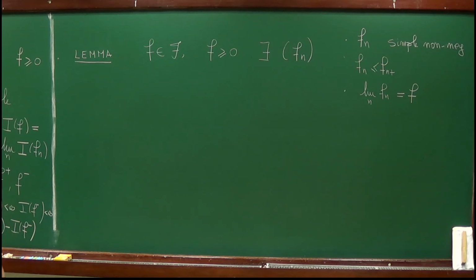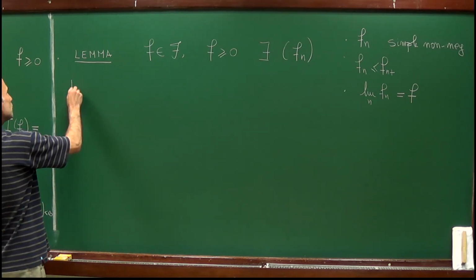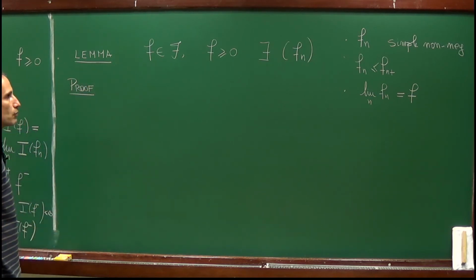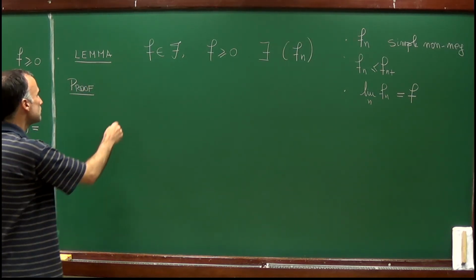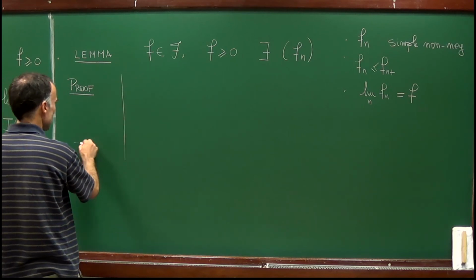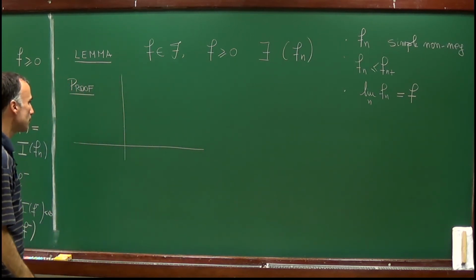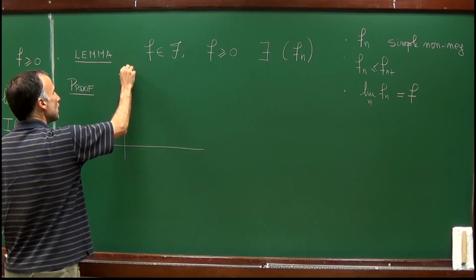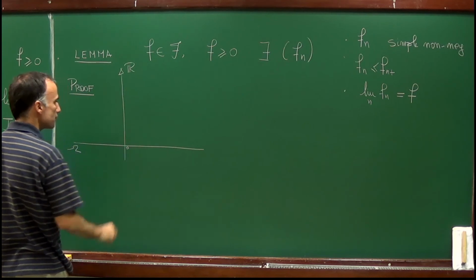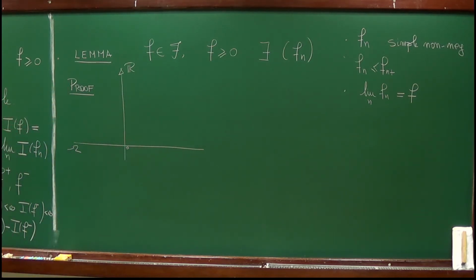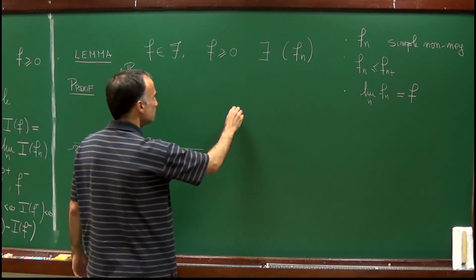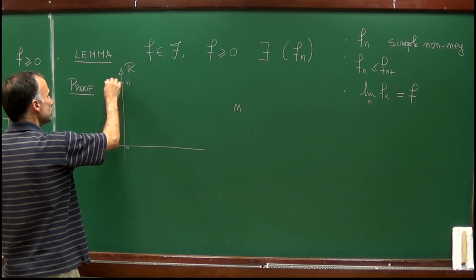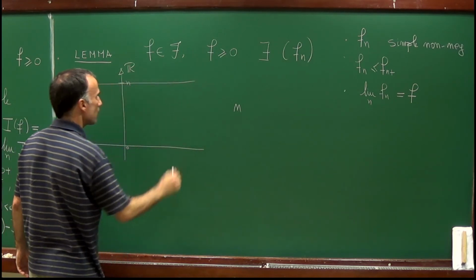Okay, so this is the lemma, and the proof is quite simple. I will represent the function. Let's say that we have here omega, here is R, so there is 0, and what we will do is fix n. So we'll take here n.